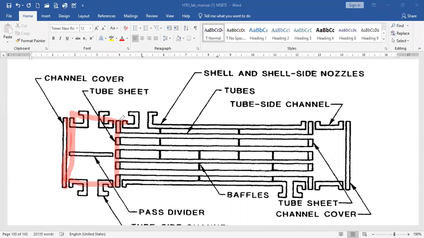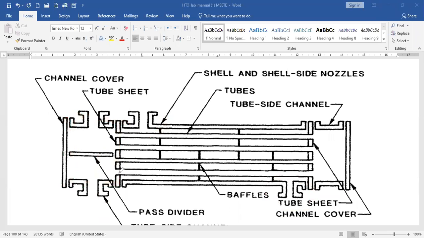With the help of these nozzles, we can pass the tube side fluid, and with the help of these nozzles, we can pass the shell side fluid, right? So channel, then channel cover, and these tube sheets are the various parts of this shell and tube heat exchanger.